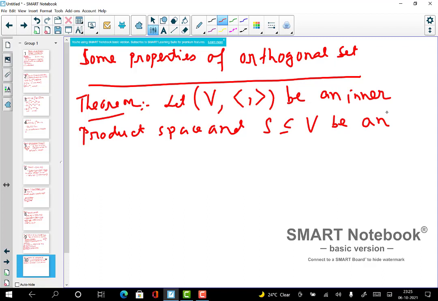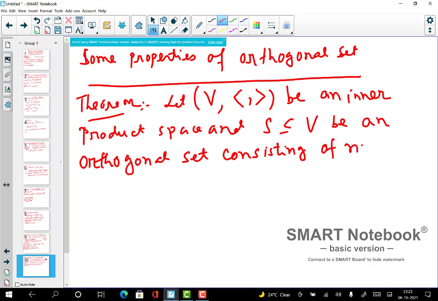Otherwise, I can claim S is an orthogonal set consisting of non-zero vectors.